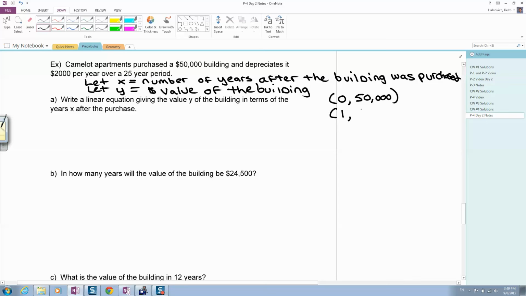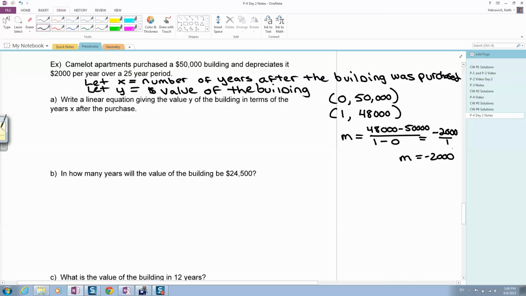So after year 1, it's now worth $48,000. So those are our 2 points that we came up with. That means our slope, if we go y2 minus y1 over x2 minus x1, it's negative 2,000. So that's our slope.